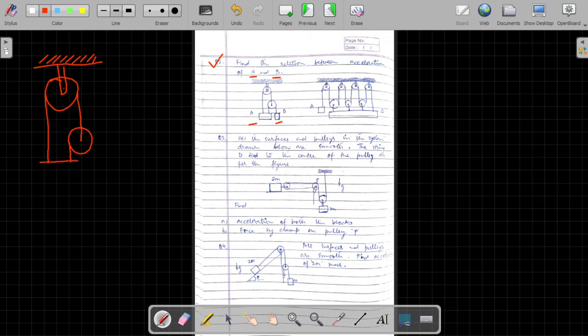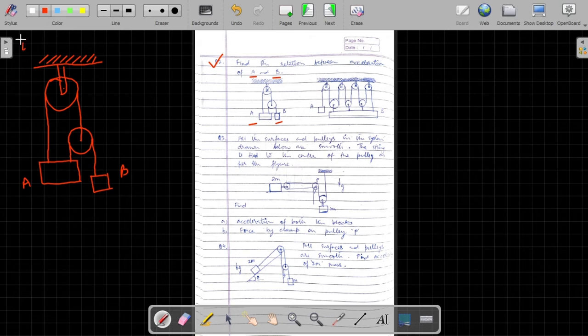We have a block which is connected to both the strings in this system, and we have one block which is connected to only one string. How to do such types of questions is the objective of this particular problem.